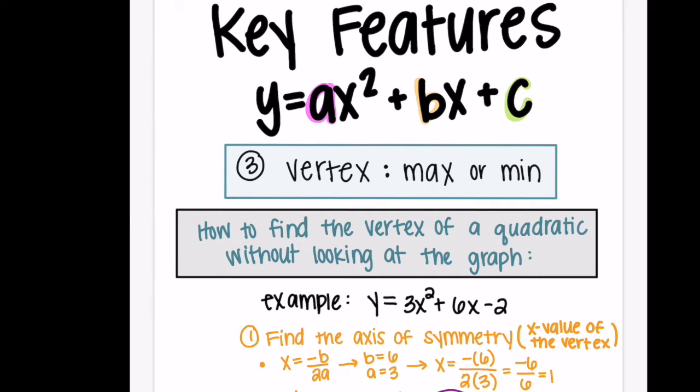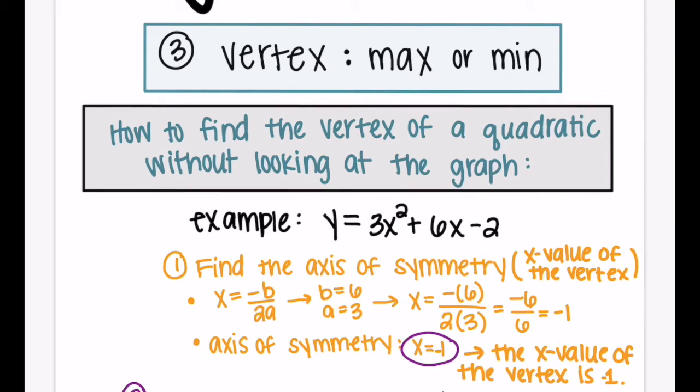Once you've plugged those in, you just simplify. Negative 1 times 6 is negative 6, and 2 times 3 is 6. So the axis of symmetry is negative 1, and that is the x value of the vertex.